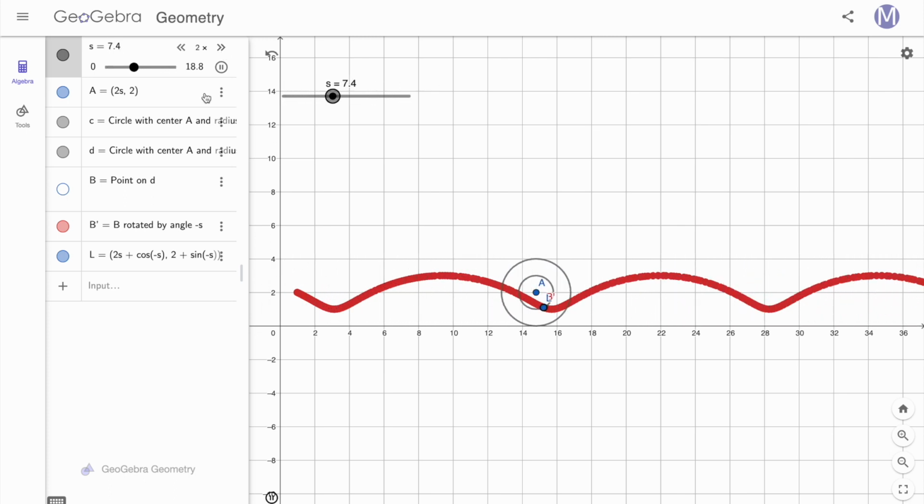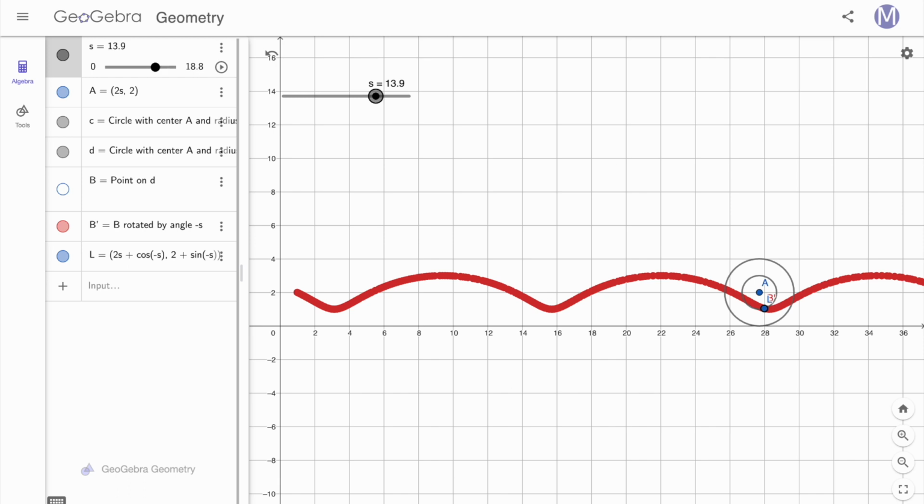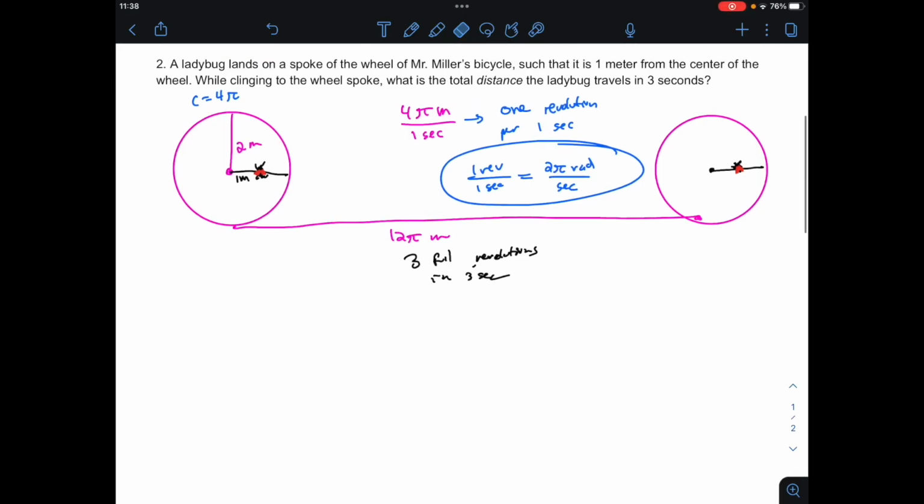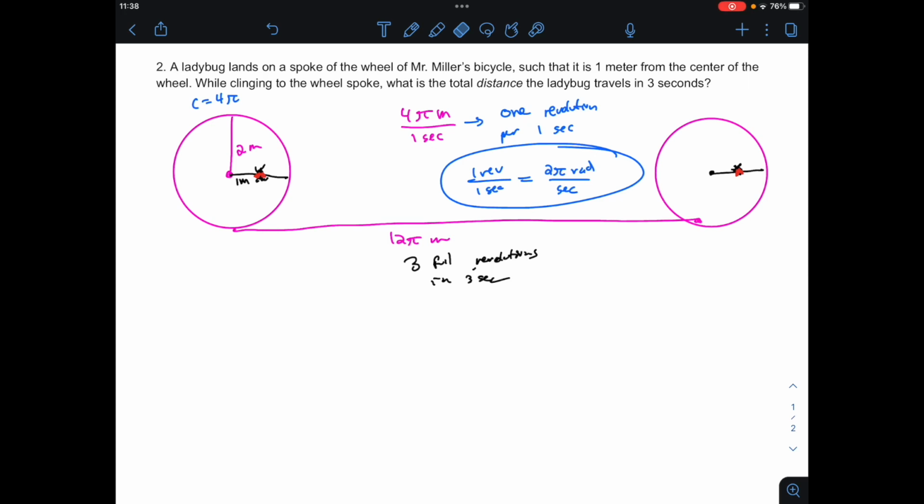All right, so let's take it back to the math. Okay, coming back to this second problem, we've been able to model the path of Ladybug using GeoGebra, and we also were able to visualize, I mean, it's not quite a sine curve, but it looks a little something like that.